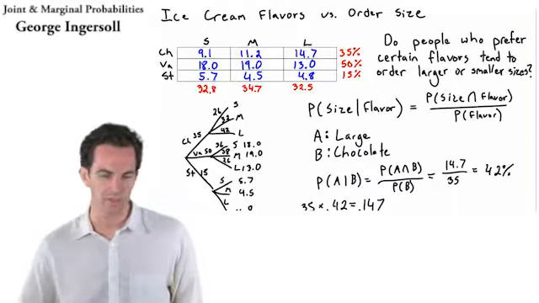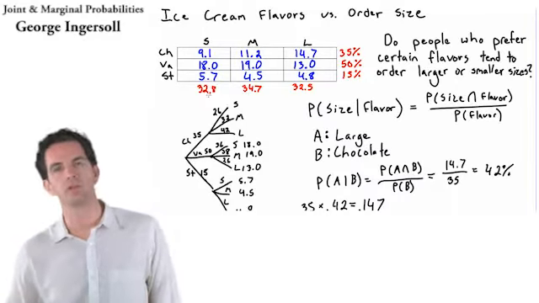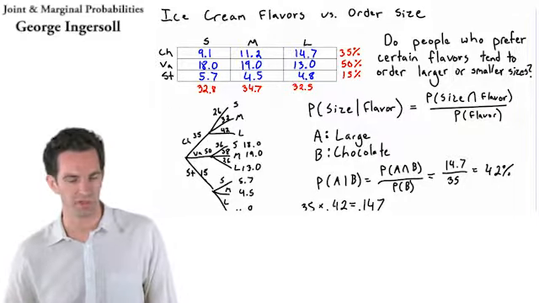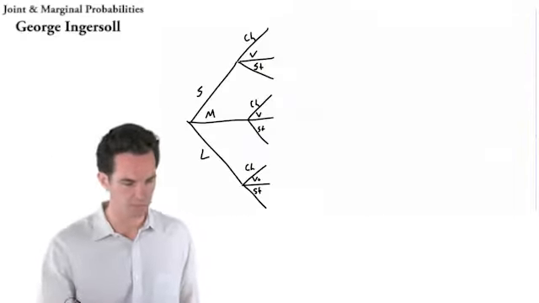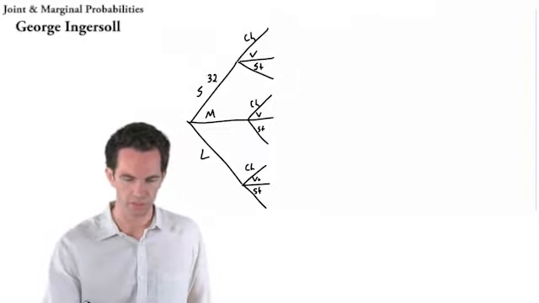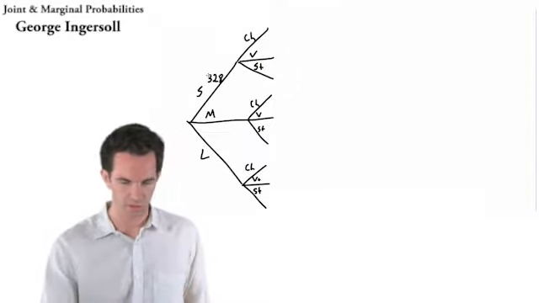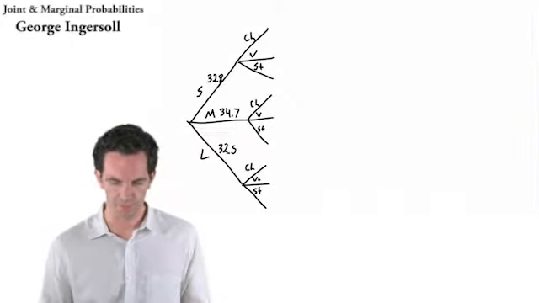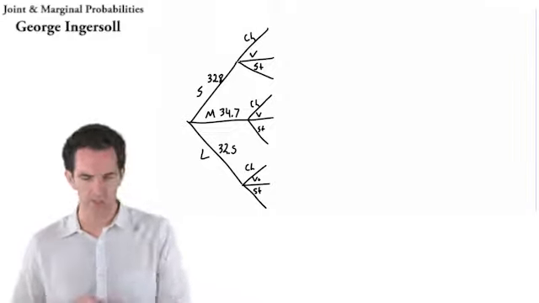But we can go back here and we can get, okay, we say there were 32.8% smalls, 34.7% mediums, and 32.5% larges. So we'll fill that in: 32.8, 34.7, and 32.5. And I'm just going to do this for the smalls.